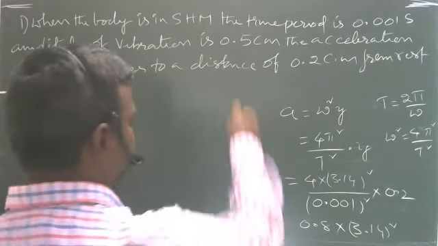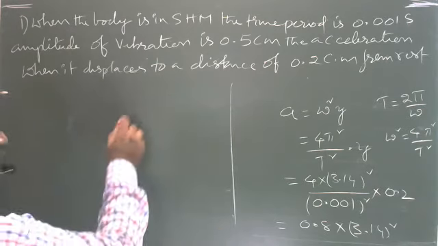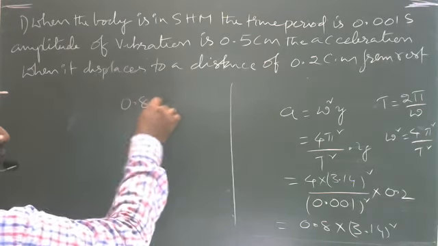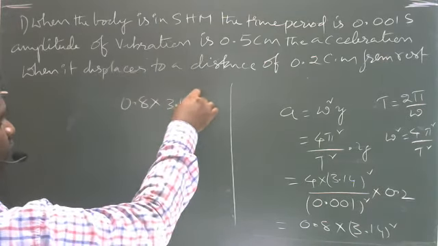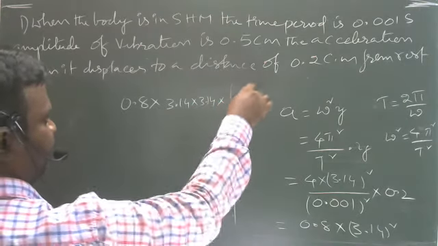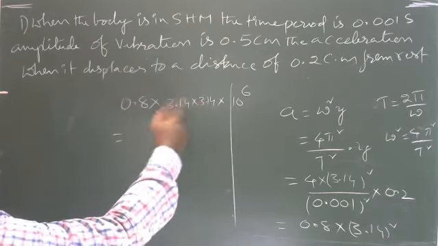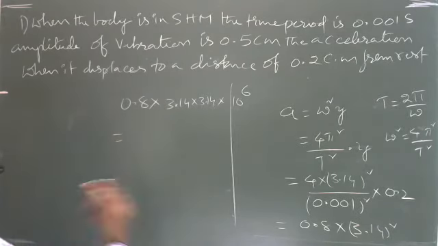So that is 0.8 into 3.14 into 3.14 into 10 to the power of 6.